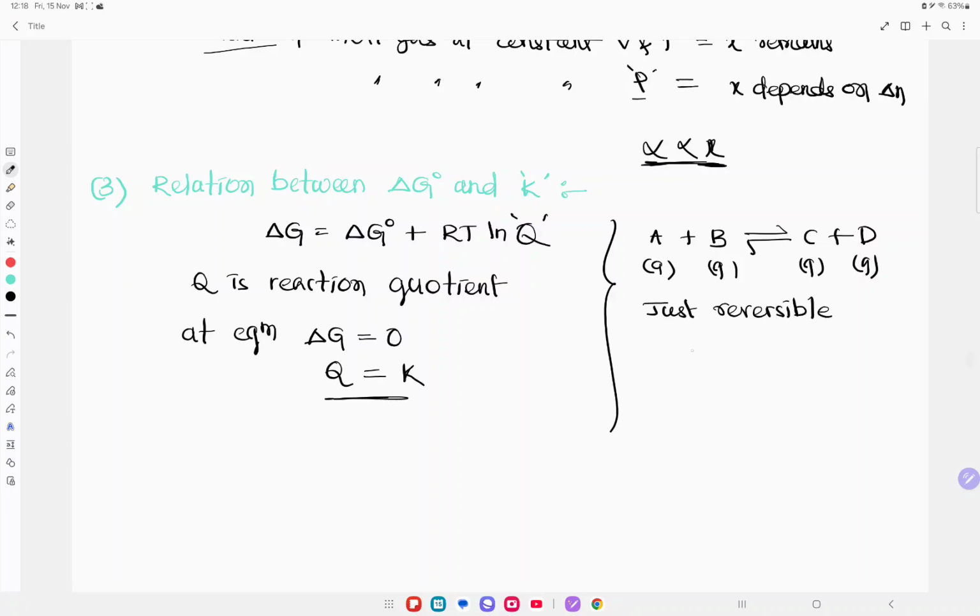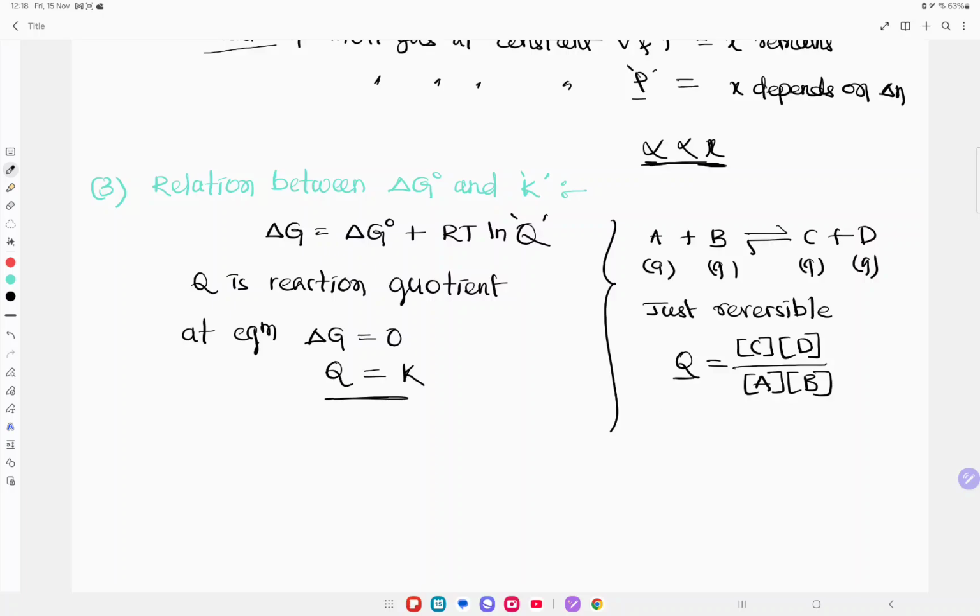Even though the reaction is not present at equilibrium state, we can write Q. Q is the product of molar concentrations of products by the product of molar concentrations of reactants. We can write Q for any reversible reaction, even if it is not at equilibrium state.